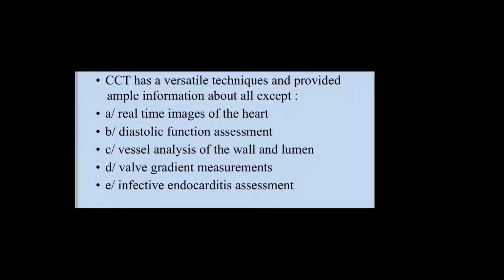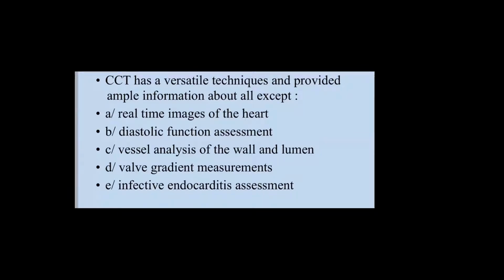The only thing that is not among the armamentarium of cardiac CT is the assessment of gradients. Assessment of gradients, assessment of regurgitation, volumes of regurgitation. No way. So far it is not into the business of cardiac CT.